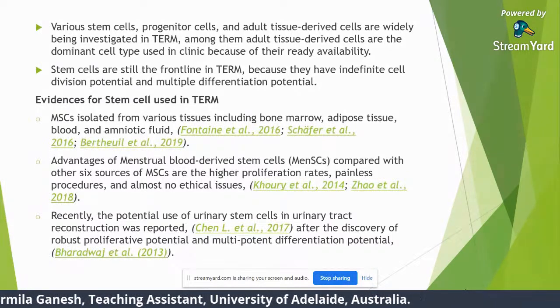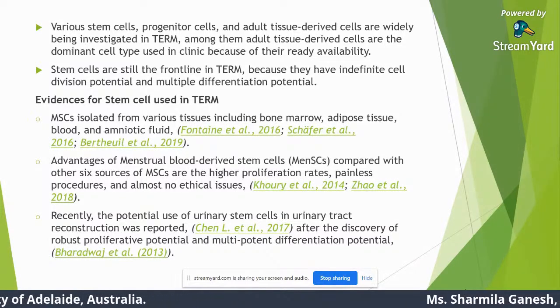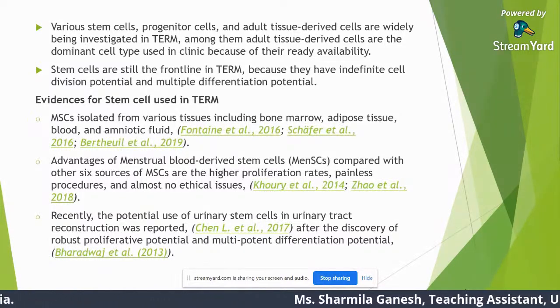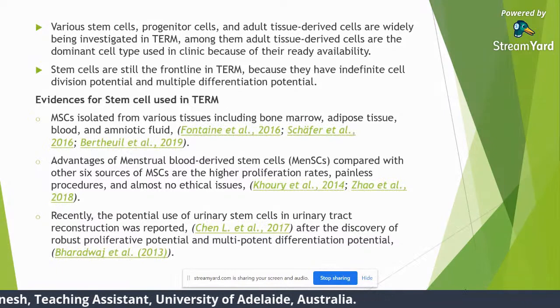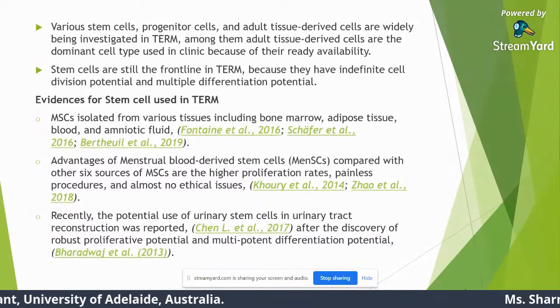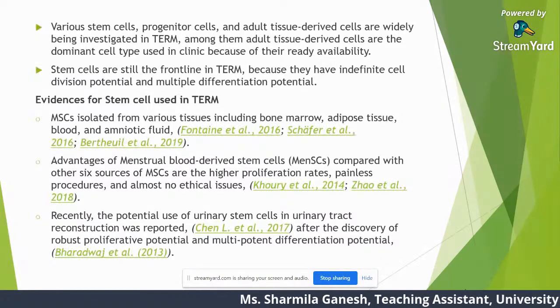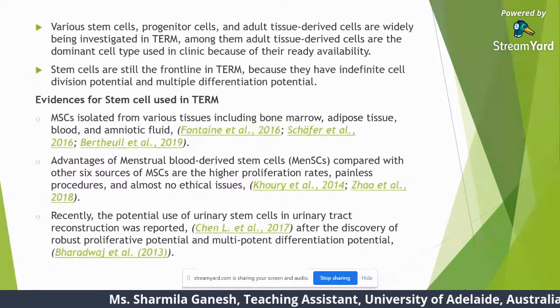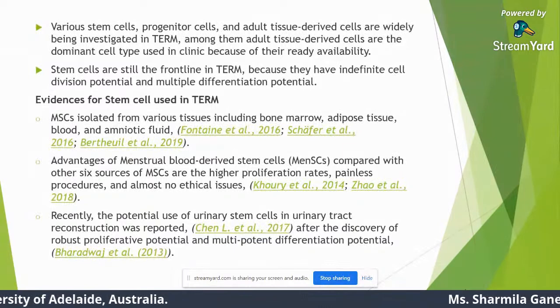The mesenchymal stem cells are isolated from various tissues. It's not only from bone marrow, they are even derived from adipose tissue, blood, and amniotic fluid. And there have been some researches on menstrual blood-derived stem cells. It has a higher proliferation rate, it is a less painful procedure to retrieve them, and it has not got any ethical issues.